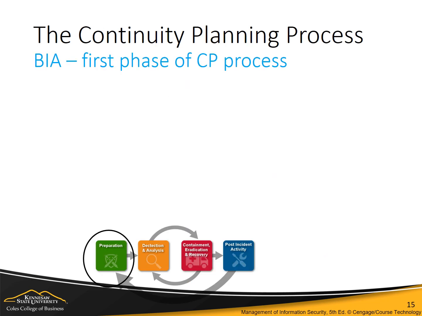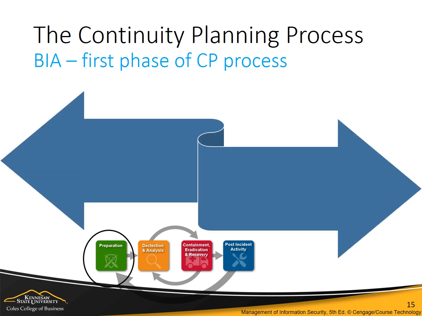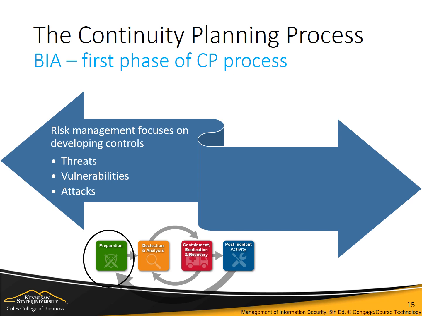The Business Impact Analysis, BIA, is the first phase of the continuity planning process. One of the fundamental differences between a business impact analysis and risk management is that risk management focuses on identifying the threats, vulnerabilities, and attacks to determine which controls can protect the information.